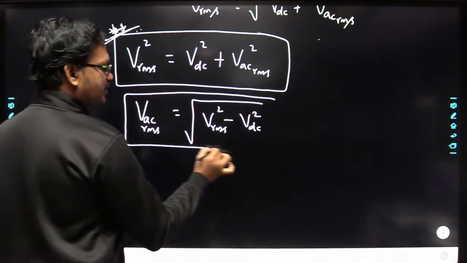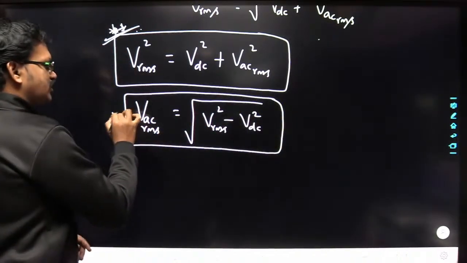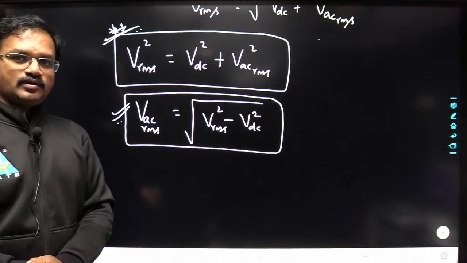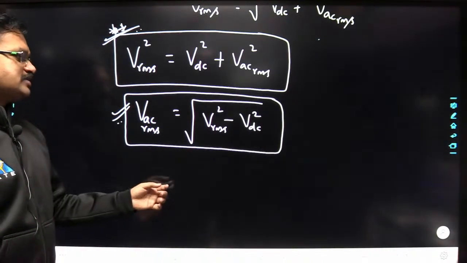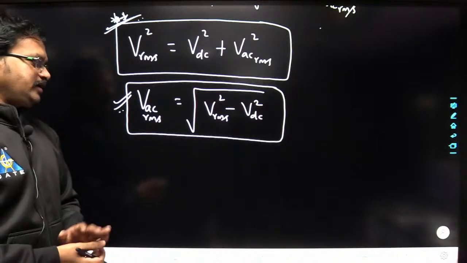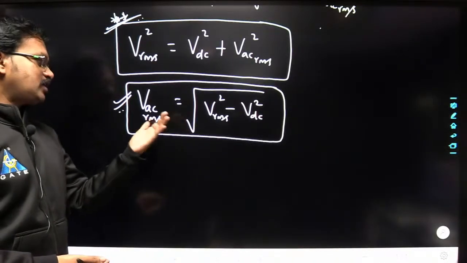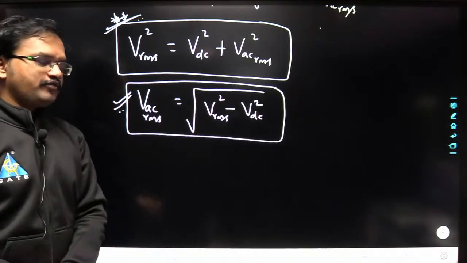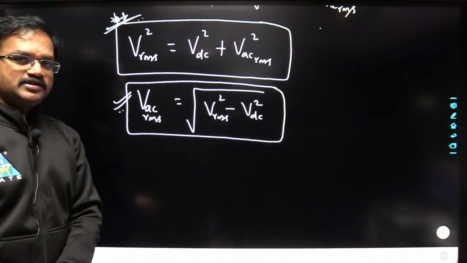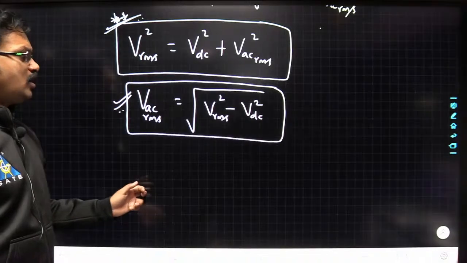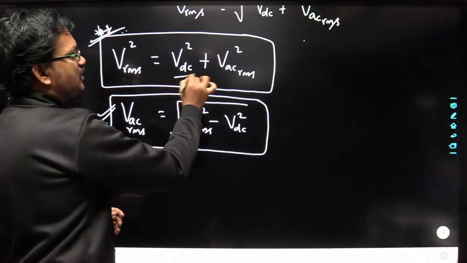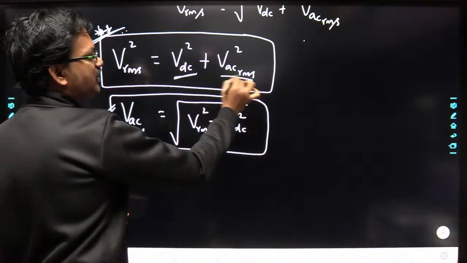In this manner you can determine the RMS value for a pure AC signal. Or I can say, for the AC component in a signal, you can determine the RMS value as the square root of V_RMS square minus V_DC square.